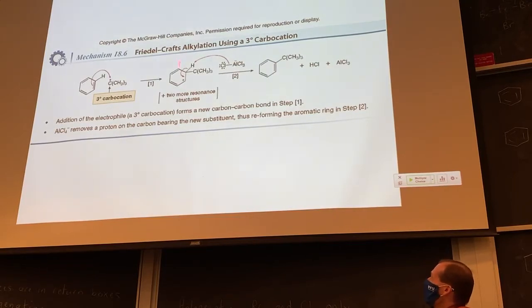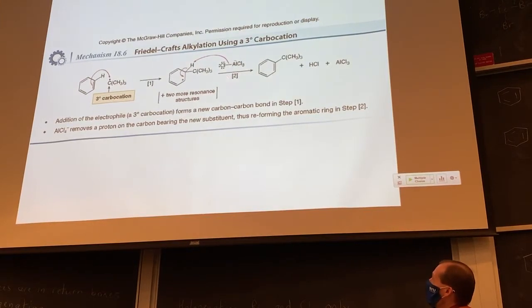And then, just like we did with FeBr4-, with AlCl4- we're using the aluminum chlorine sigma electrons as our base to deprotonate that cation, generating our tert-butyl benzene product, regenerating AlCl3 and forming our HCl byproduct.